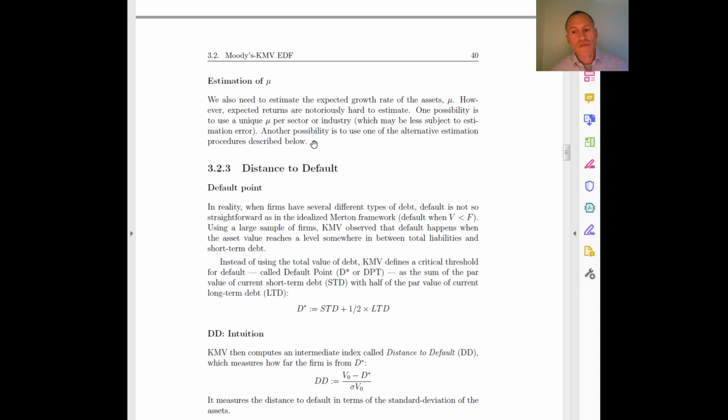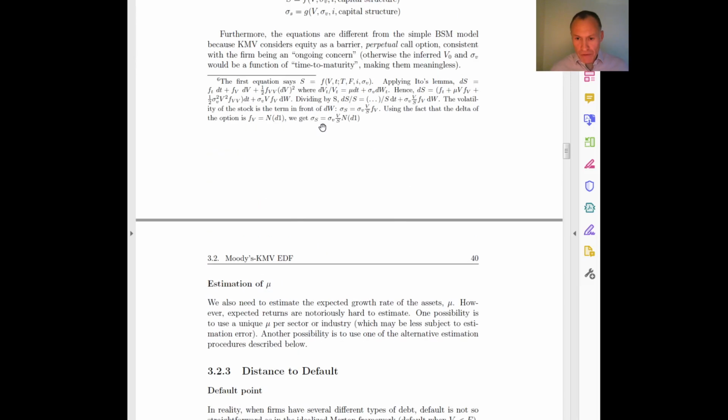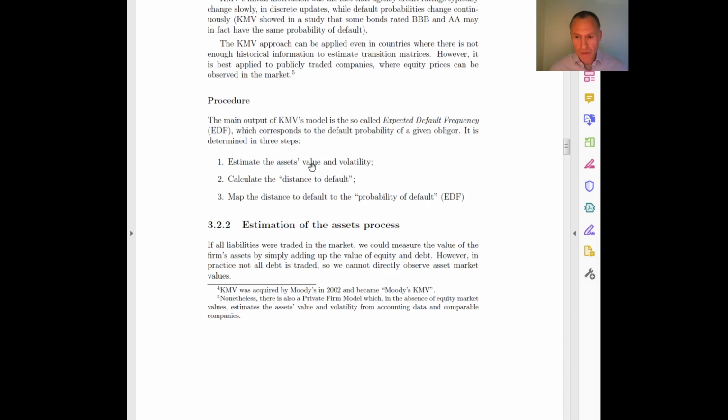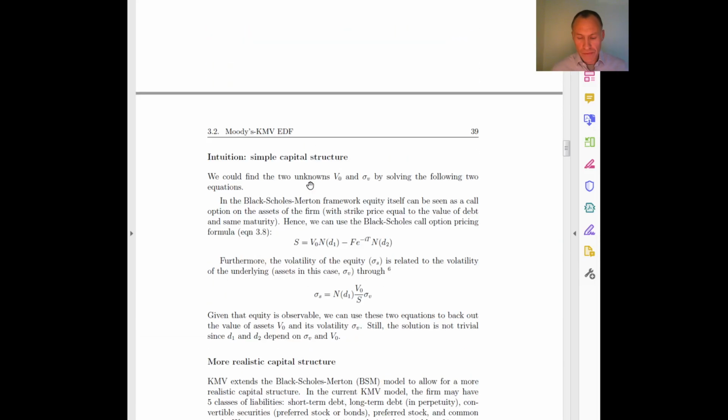Again, the model is not very transparent. We don't know exactly what KMV does, but you can read here some possible alternatives. So we have the first step here. We have estimated the process for the assets. So now let's go to step 2, estimate the distance to default.